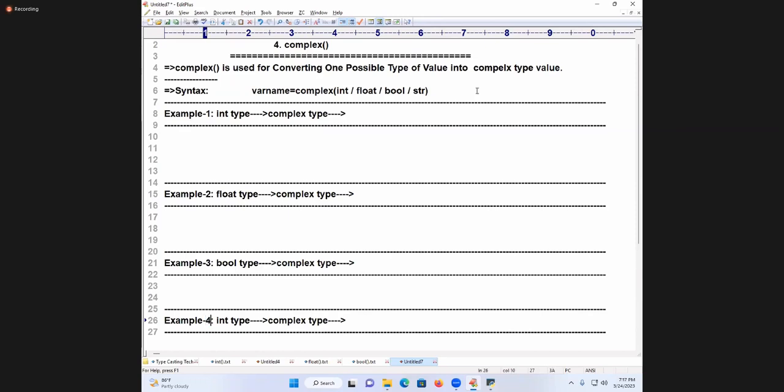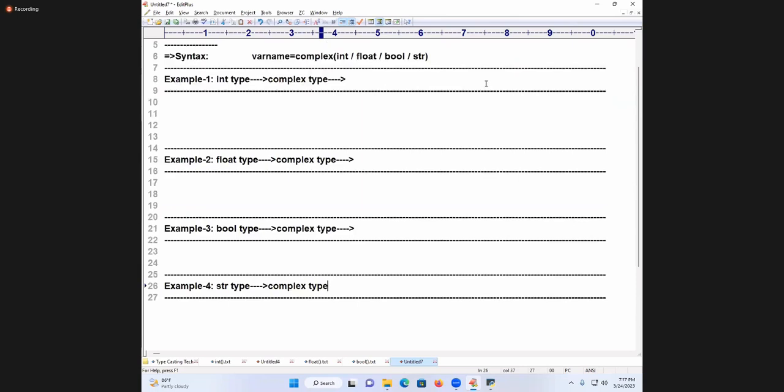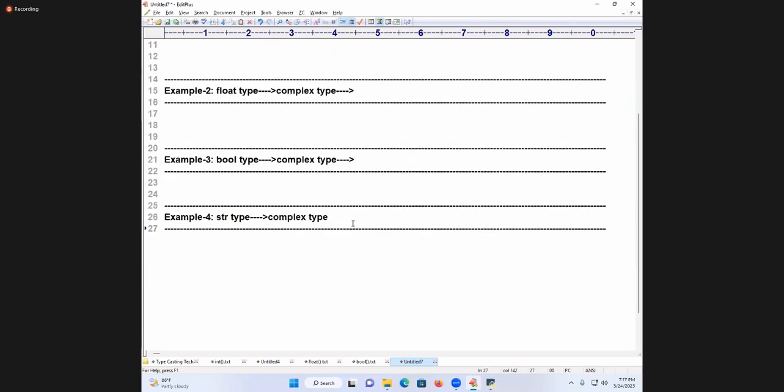So by the time you must be ready with an answer, students. Which type? STR type to complex type. Under that, a lot of cases are there. Case 1: STR int to complex. We will decide. Next, STR float to complex.